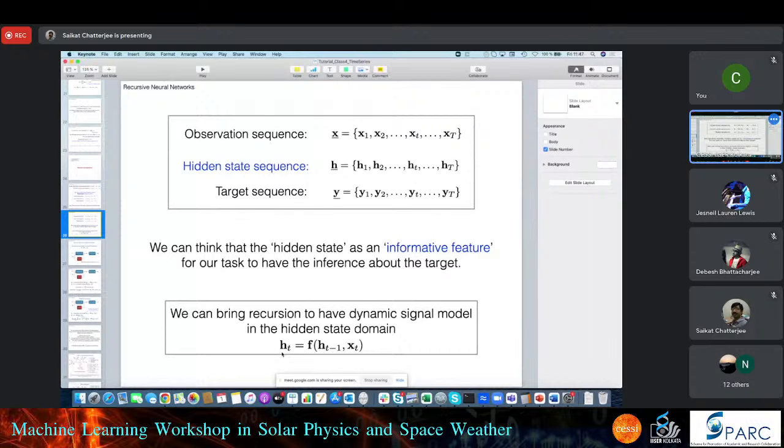So if I generate my yt as a function of yt minus 1, the true yt minus 1 I never have, right? So I use an estimated yt minus 1, and that can be noisy. In that sense I will unnecessarily introduce noise into the system. That's not a very good idea.